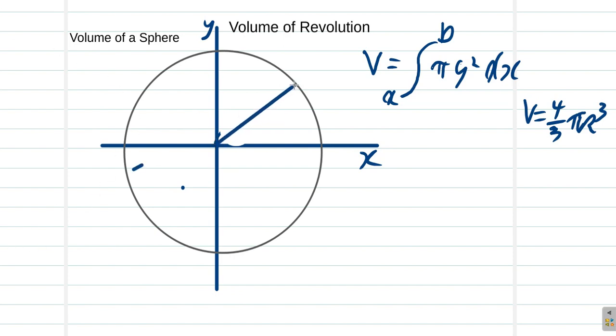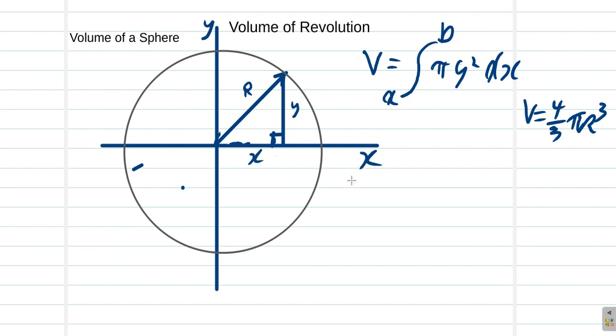This is the radius. Now, how can we get this radius here? Well, if we consider making a right angle triangle here, then the height is our y, and the width is our x.